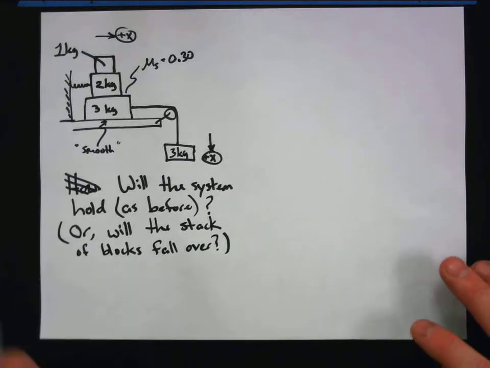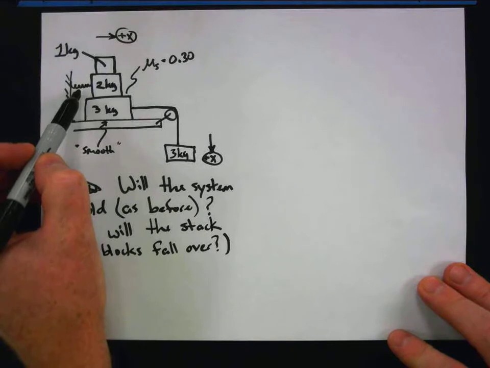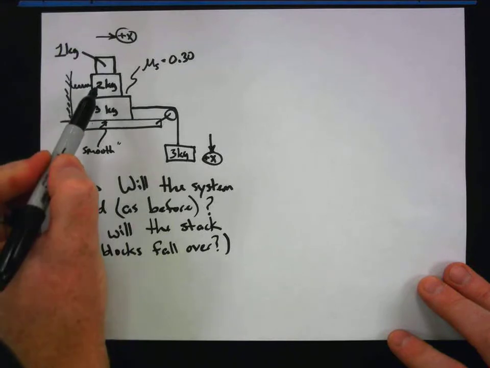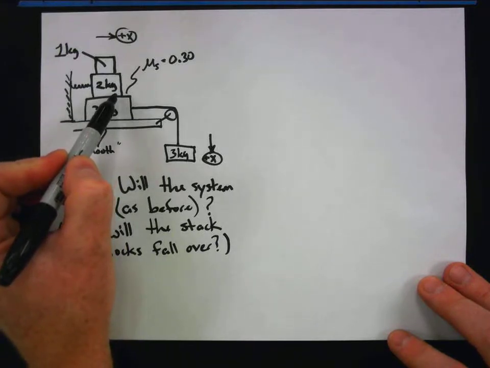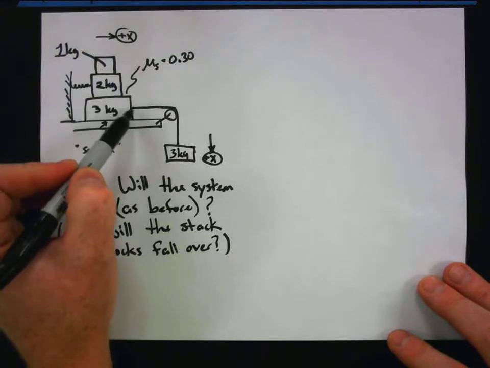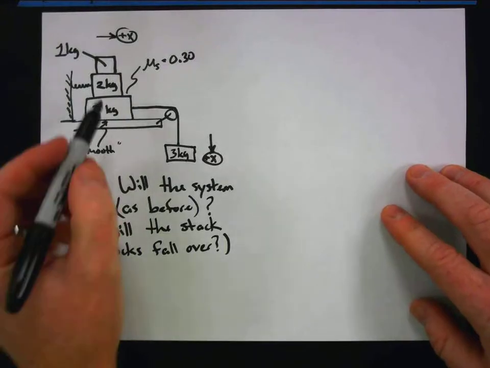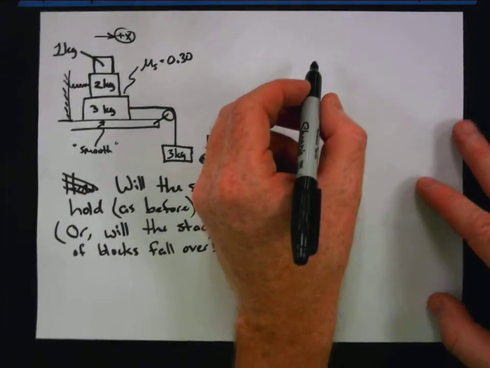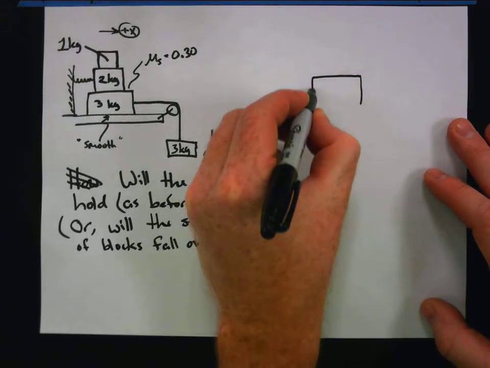So the deal is this. Essentially, we have the spring force pulling to the left acting on this middle block. And there will be friction pulling to the right. And the friction is caused by the pull of this lower part of the system here. So I can redraw what's happening to this middle block. Enlarge it just a little bit.